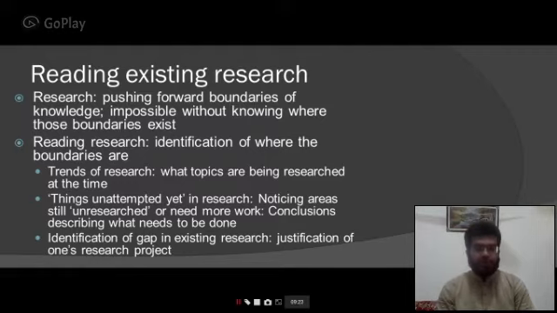Now in order to expand something or push forward the boundaries of knowledge on the basis of your reading, you must know very well where those boundaries already are.